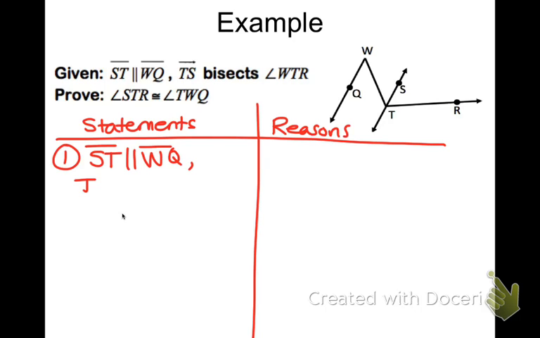And we're given that ray TS, oh boy, bisects. What does that mean again? Cuts it in half, right? So we're going to get 2 congruent parts out of that. Bisects angle WTR. Okay. We need to get angle STR to be congruent to angle TWQ.